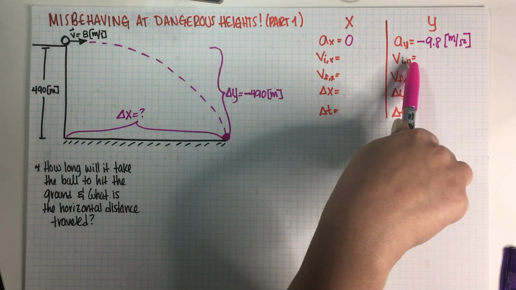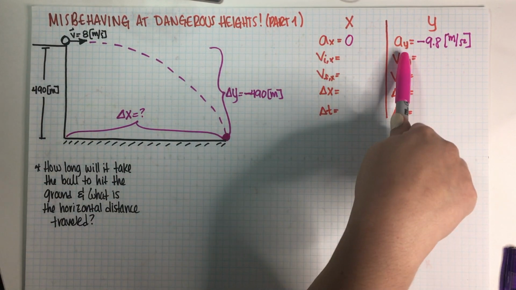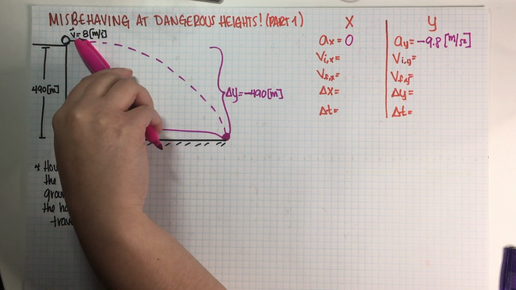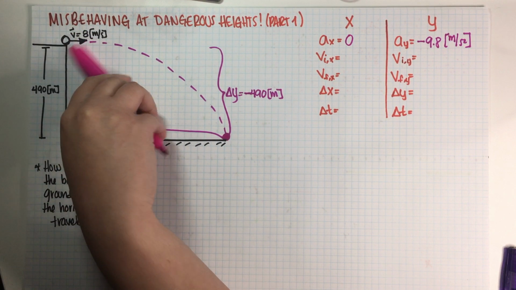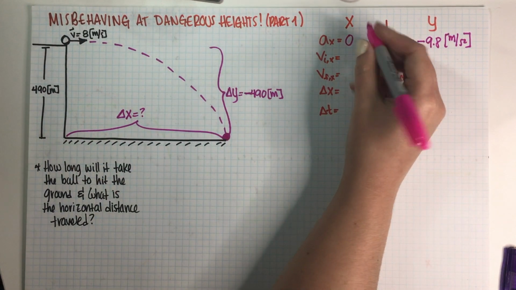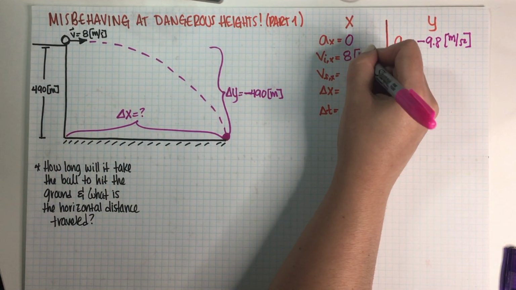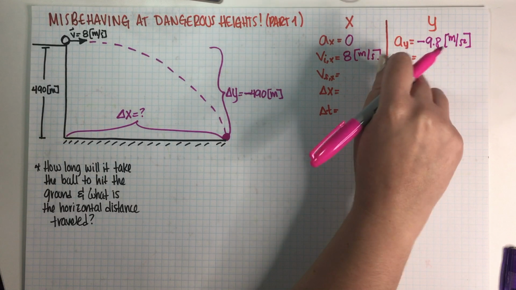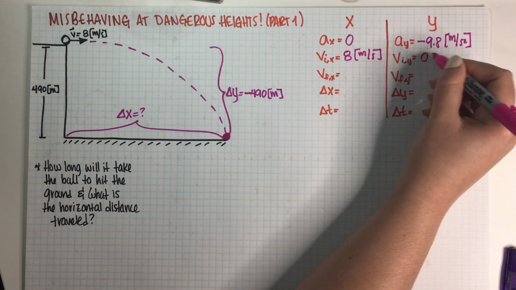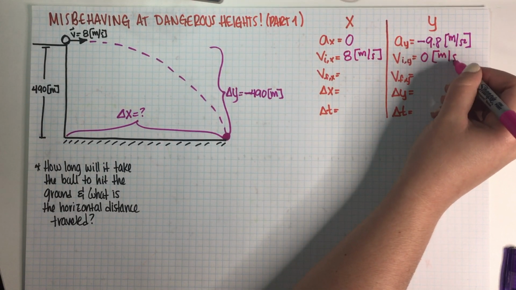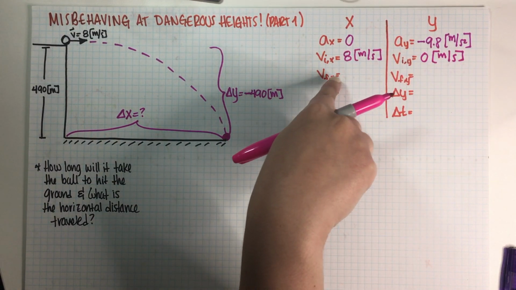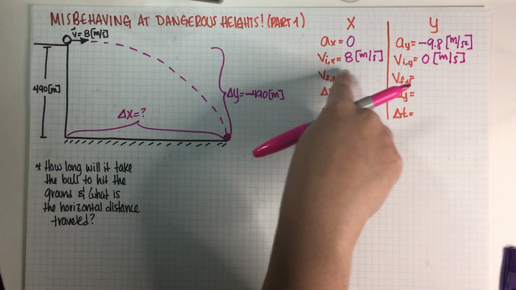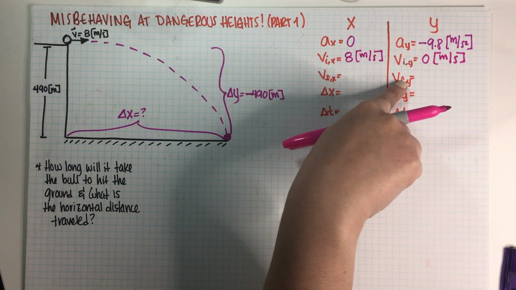We do have an initial velocity on x and y because the initial velocity is 8 meters per second, but it is completely horizontal, which means that the initial velocity on x is equal to 8 meters per second. The initial velocity on y is 0 meters per second. We don't really have the final velocity for any of this, so I'm just gonna go ahead and skip that.